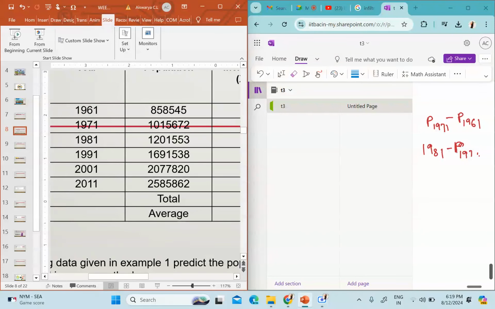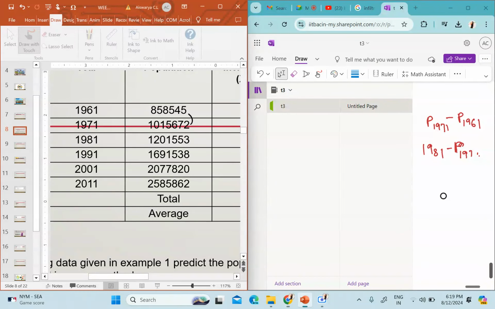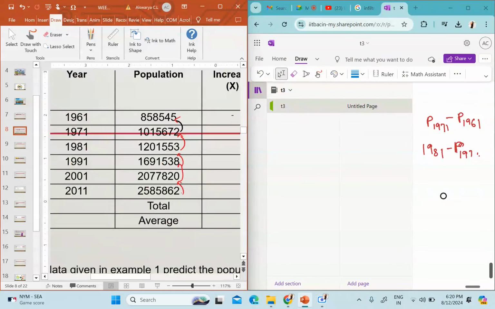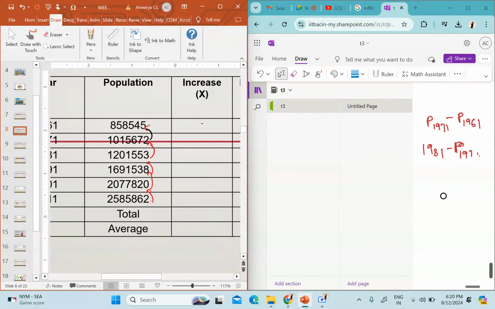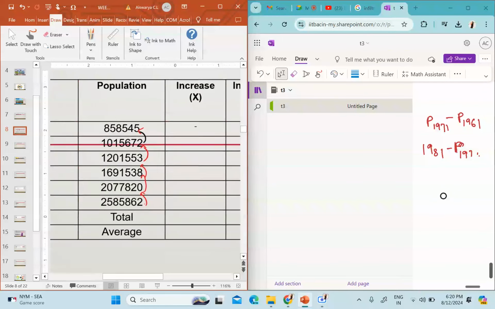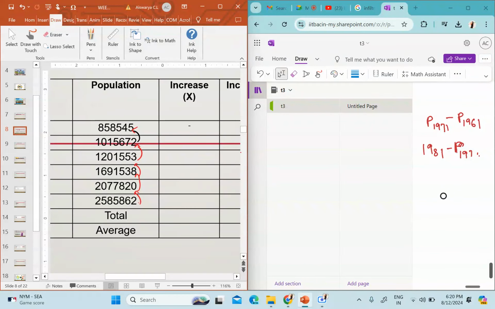So you have to take the difference, always going like this, and then this particular column will be filled.